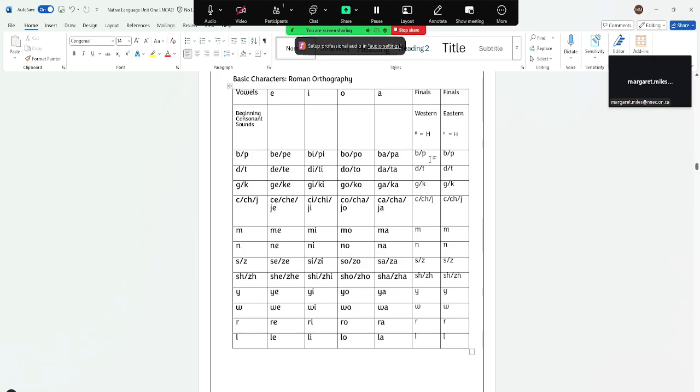The sound B, P. Second one, D, T, final sound.